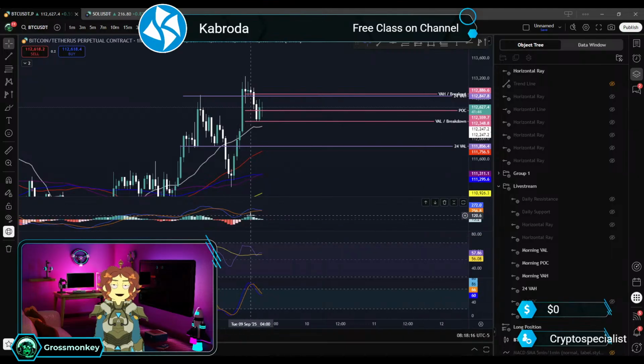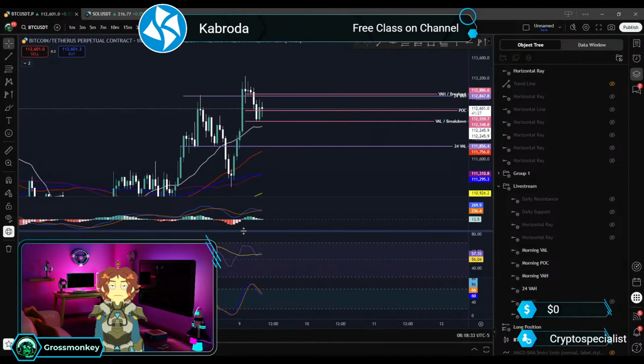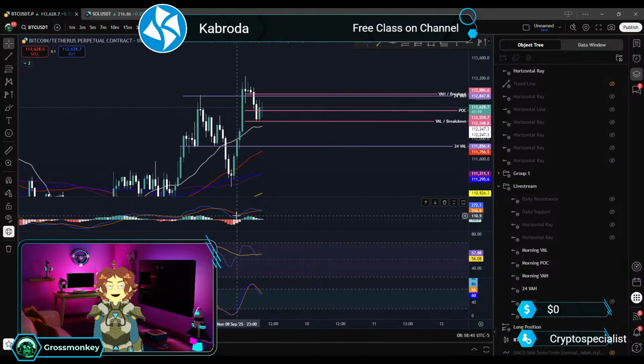So you got the MACD starting to curl down. RSI is really just sideways, so it hasn't picked a direction either way. It is in that overbought zone. And then you got stochastics curling down, but as we always say on here, stochastics for the 1 hour and 4 hour don't matter too much because it's too large of a time frame for that indicator to be super accurate. So we're not really looking at that one.